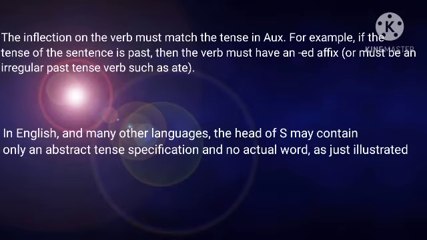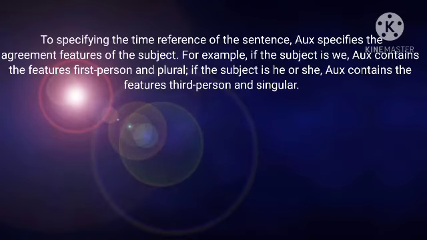Thus, in English and many other languages, the head of S may contain only an abstract tense specification and no actual word, as just illustrated. In addition to specifying the time reference of the sentence, auxiliary specifies the agreement features of the subject.